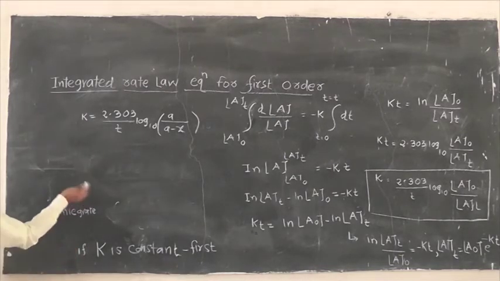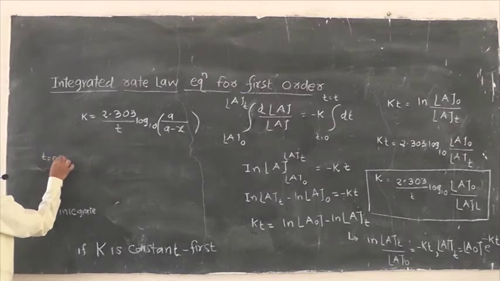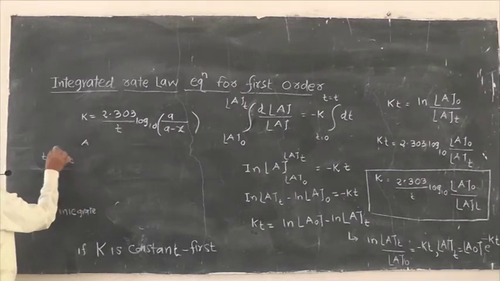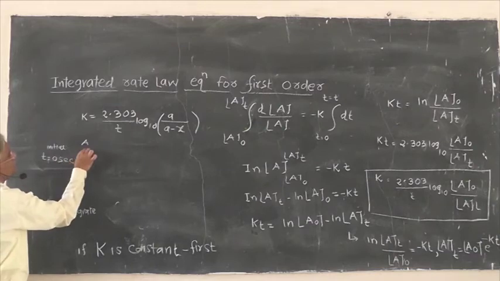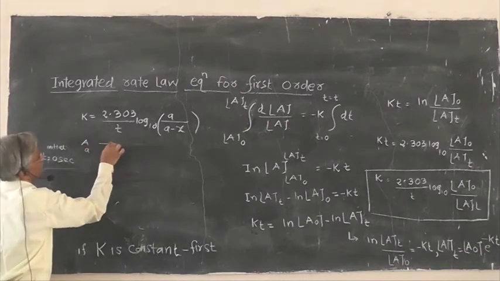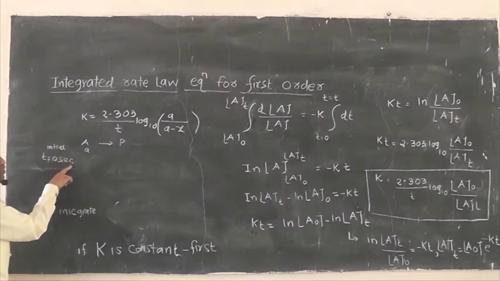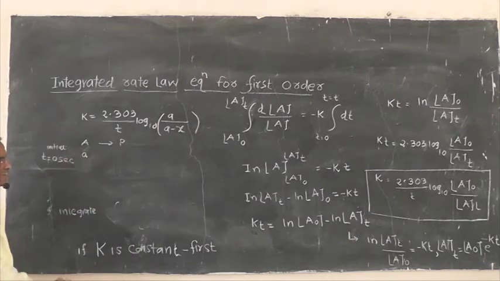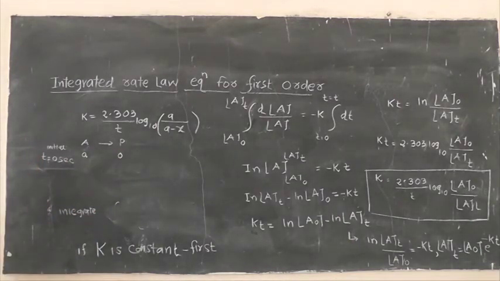How? Suppose we have time t equal to 0 second, and say we have some reactant A, with its initial concentration a, and it is converting into B. At time t equal to 0, we will only have the concentration of the reactant A and the product will be equal to 0.